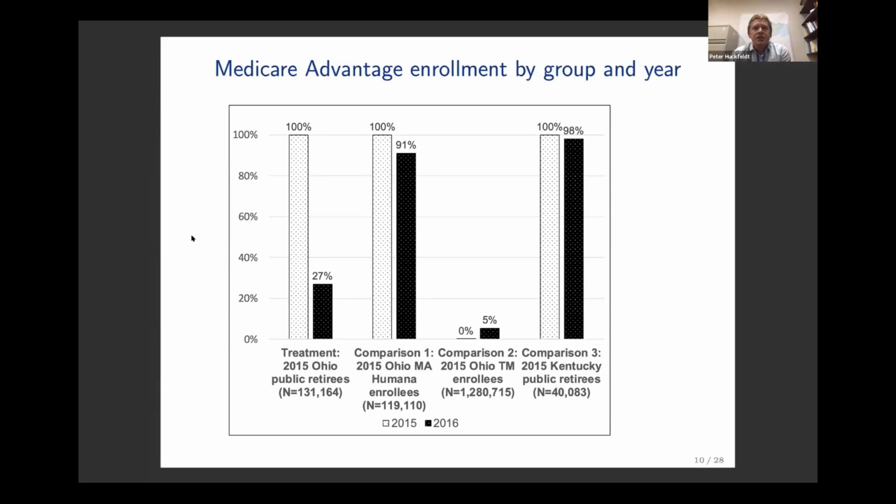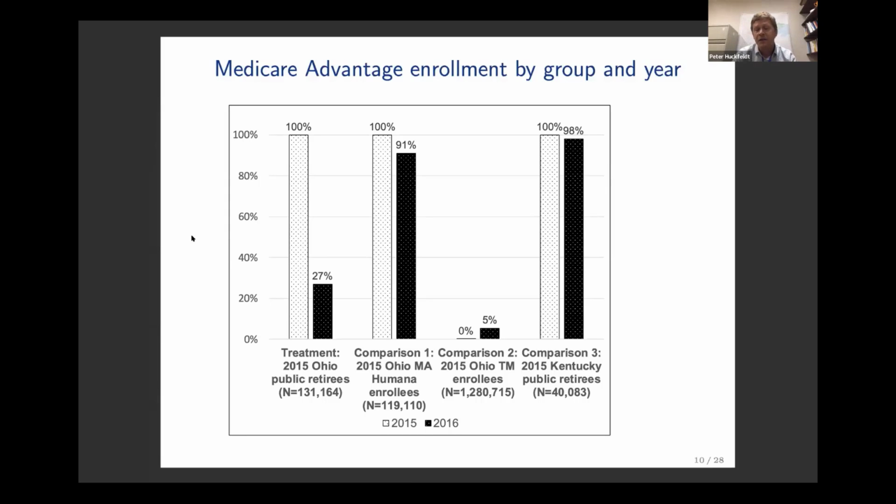So this just shows you enrollment in Medicare Advantage for each group and year. When you look at the treatment group, clearly there was a huge reduction in Medicare Advantage enrollment from 2015 to 2016, going from 100% to 27%.